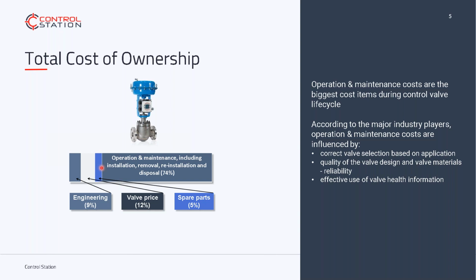The other 74, 75% all has to do with the operation and maintenance of the valve, the day-to-day work, repair costs, items you might have to perform during a plant outage.